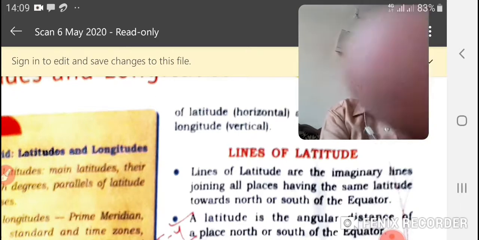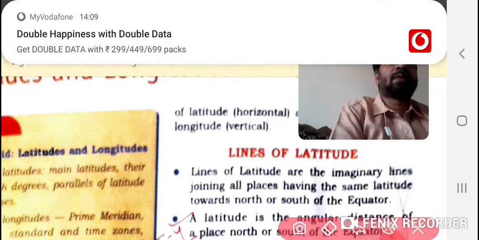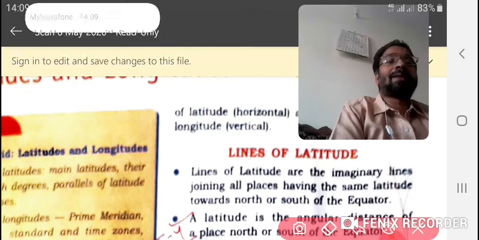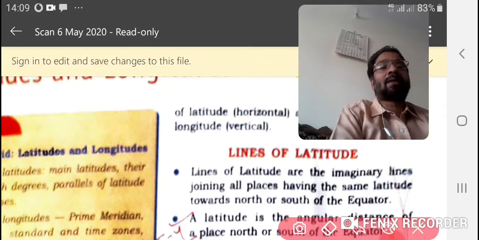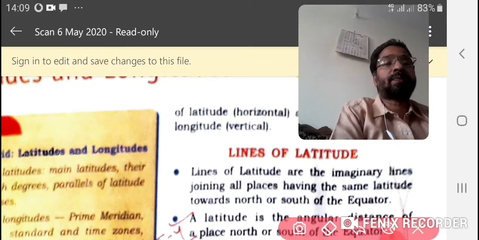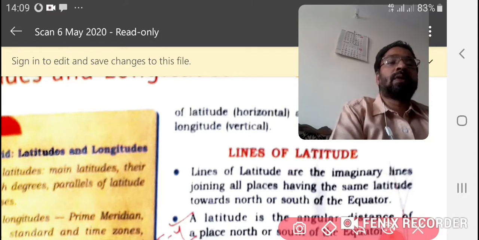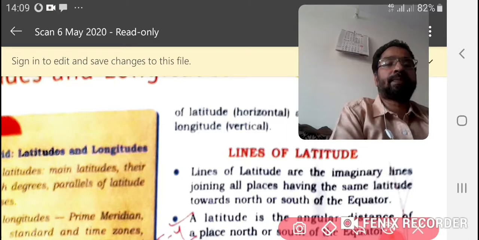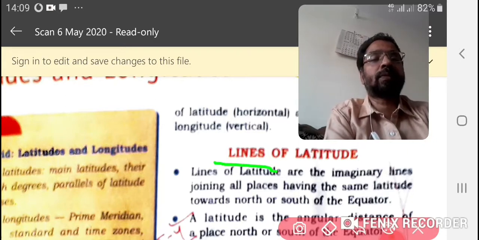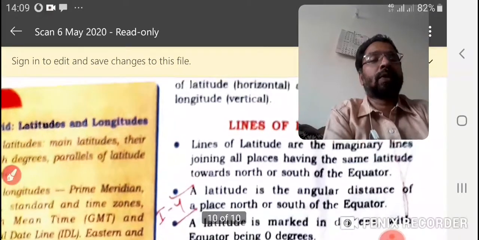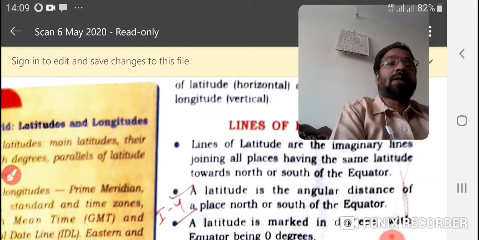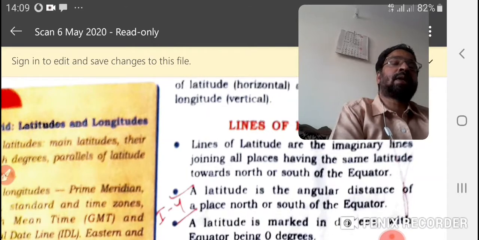The horizontal lines are known as latitude, passing from west to east. This imaginary line joins all the places that have the same latitude towards north and south of the equator. That is the first thing.